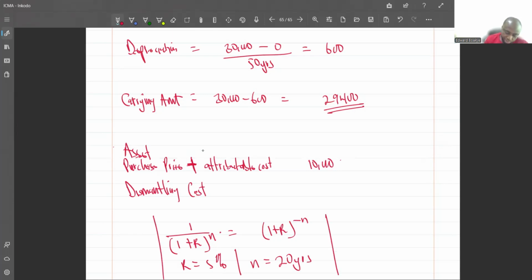So how do we bring this to the present? The dismantling cost that we are bringing to the present is 4,000. So we will have 1 over 1 plus 0.05 raised to the power 20, times 4,000.